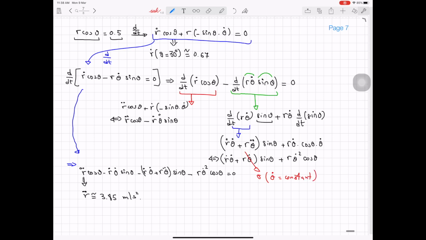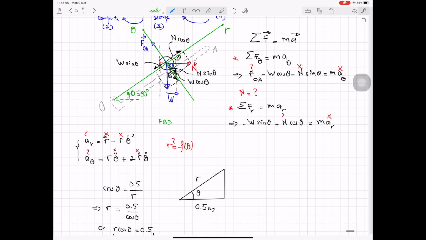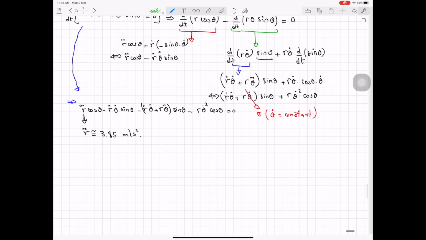The angular velocity is constant, so the angular acceleration will be 0. I have all this information, so I can go back and calculate AR and A theta. So let's go back now and calculate AR and A theta.